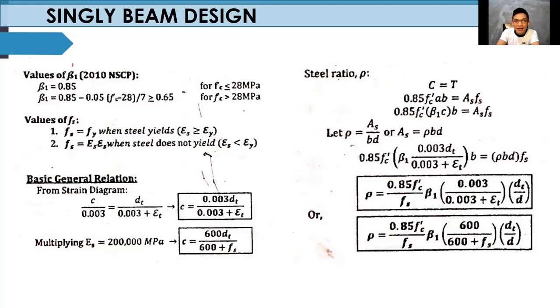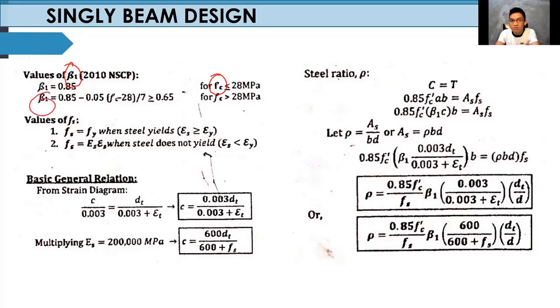So, beta. Yan ang sabi ko kanina, B. If you're talking about 2010 NCP, that is 0.85 if our strength of the concrete is lesser than or equal to 28 megapascal.